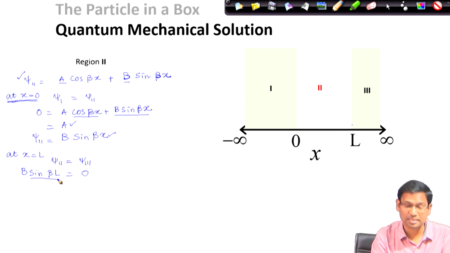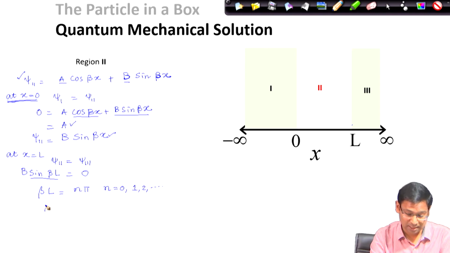So, we know when this sine function becomes 0. The solution of that is that beta L should be n pi, where n is 0, 1, 2 and so on. So, in this case I see beta is n pi by L, and therefore, the wave function that I am looking for is B sin n pi x by L. So, I got a form of the wave function as this.